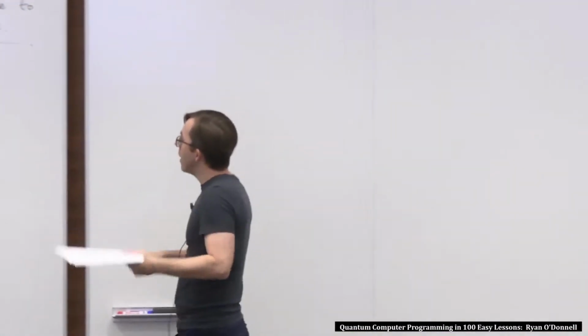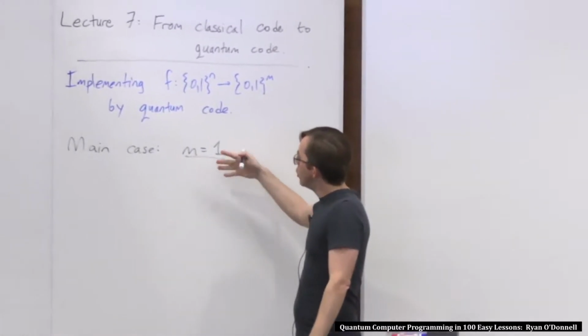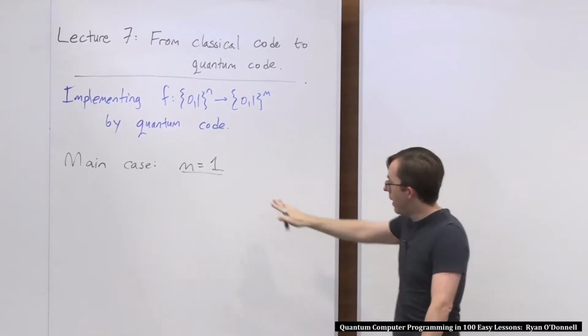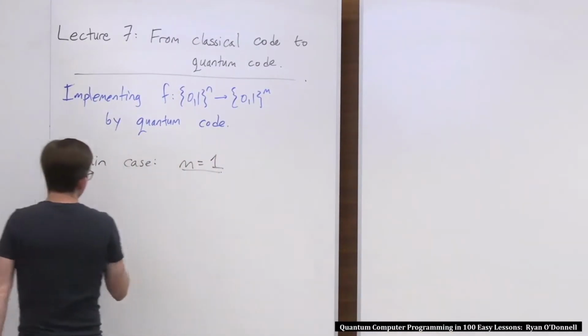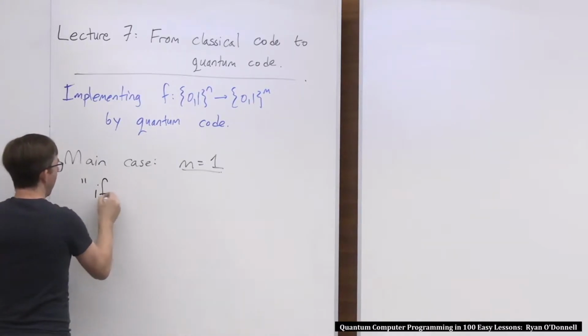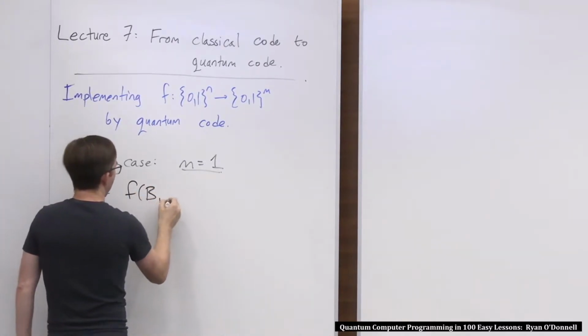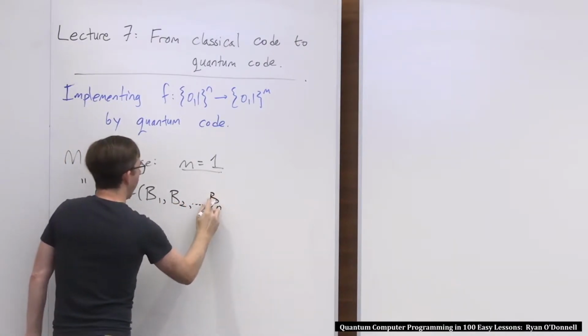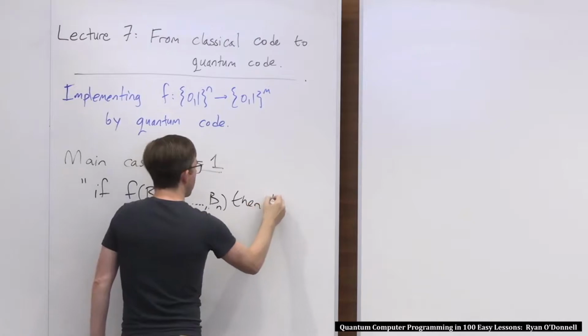The most standard way that you should try to implement a Boolean function by quantum code when m equals 1 is by trying to make this instruction: if f(b1, b2, ..., bn), then toggle c.